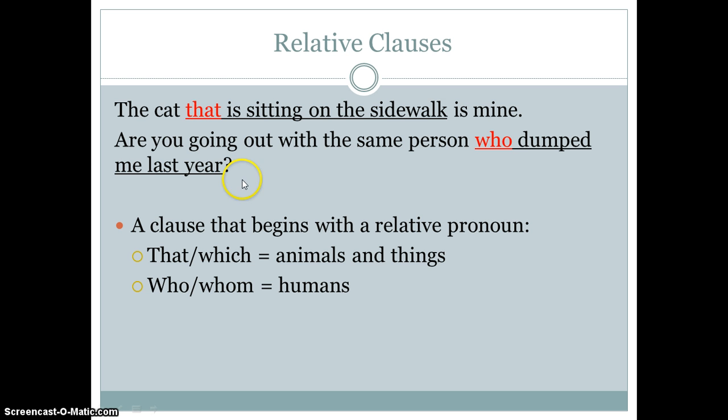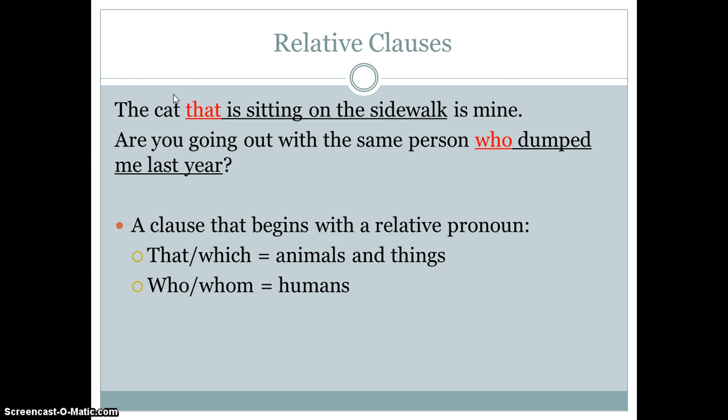So here in this first example, the cat that is sitting on the sidewalk is mine. This makes the sentence complex because you have this clause in there. Makes it kind of tricky to spot. But the flag is the that, and then this whole phrase is actually a clause. Pardon me. This whole clause is modifying the cat. Which cat?